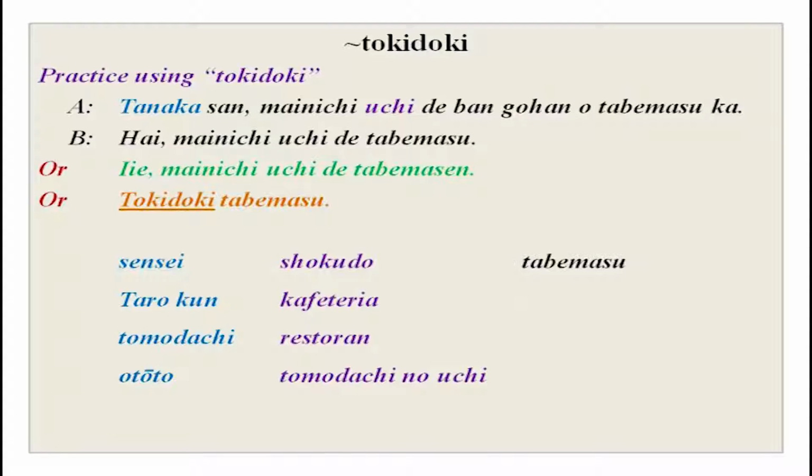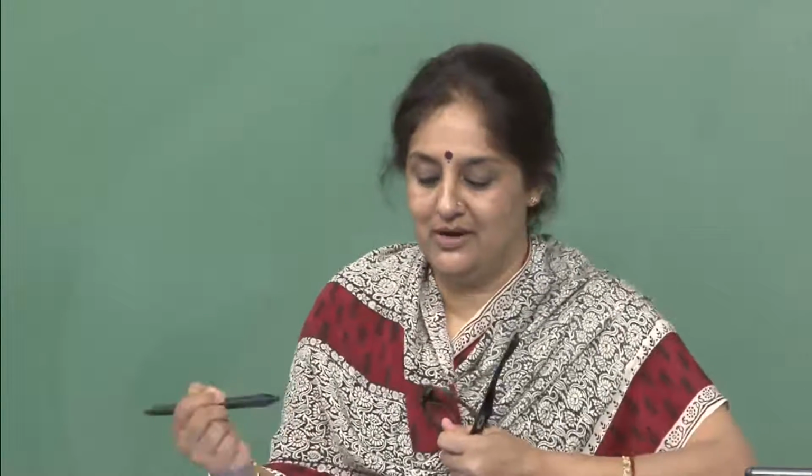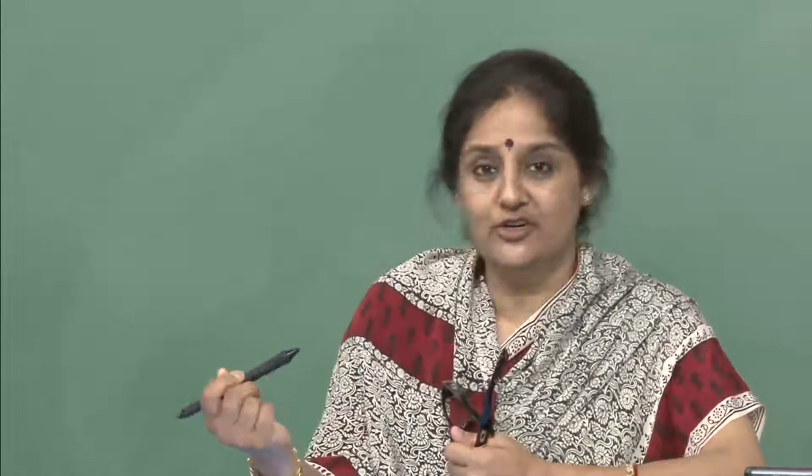And then in place of tabemasu, a verb, you can use nomimasu, nemasu, mimasu, any of these verbs, but remember the vocabulary has to be related. You cannot use something for tabemasu which is to be used for watching, for mimasu, for nomimasu or for ikimasu. So, please the vocabulary has to be connected.